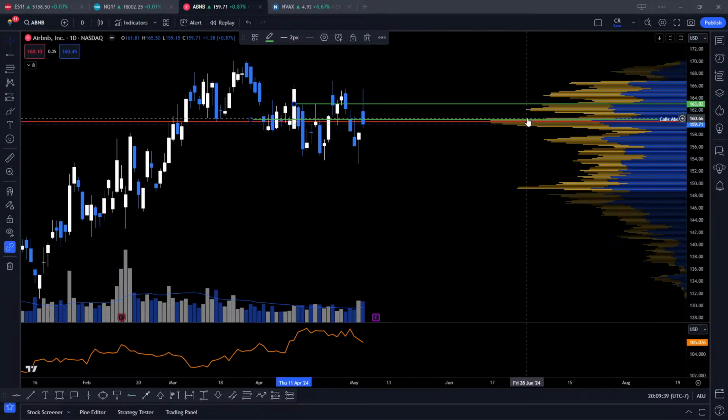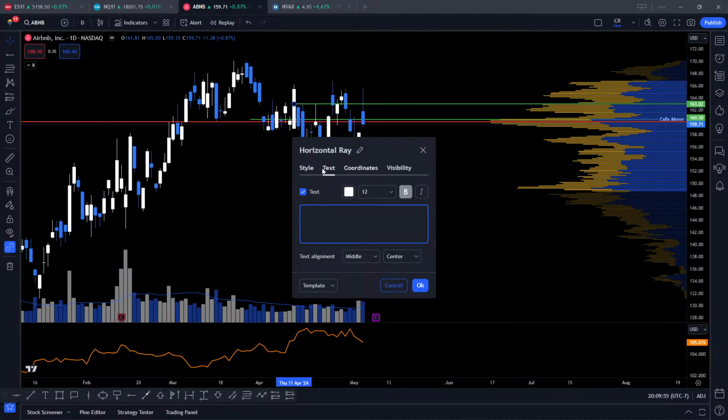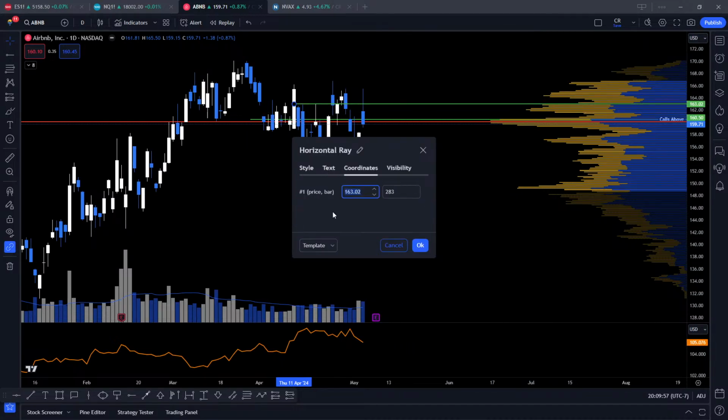Generally, and I don't know if you guys have noticed this, if you use volume profile and price is moving up, it'll generally go to the far side of a high volume node and reject there, versus rejecting at the beginning of a high volume node. So that's why I'm targeting 163.